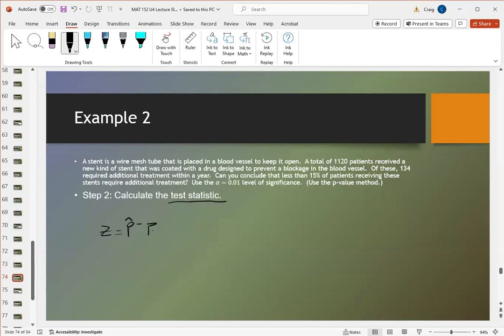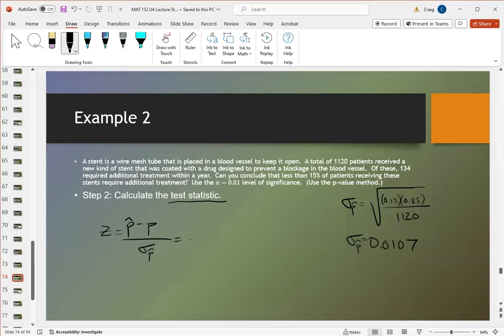It's our sample proportion minus the value we're comparing it to, divided by a standard error value, which we have to calculate. We do that using the square root of 0.15 times 0.85 divided by our sample size of 1,120. When you plug this into the calculator, you should get 0.0107.